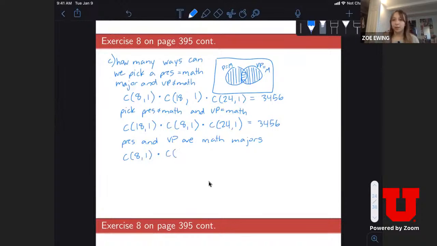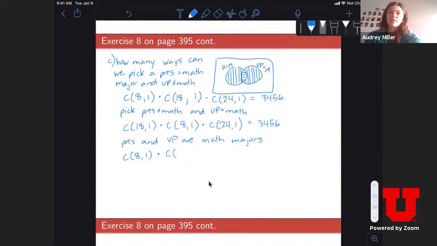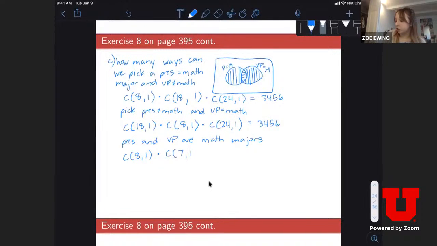So how are we going to do that? Is it 7 choose 1? 7 choose 1. And now again, we'll want to pick out of everybody else. And that comes out to 1344.